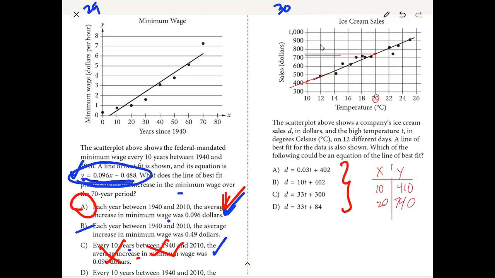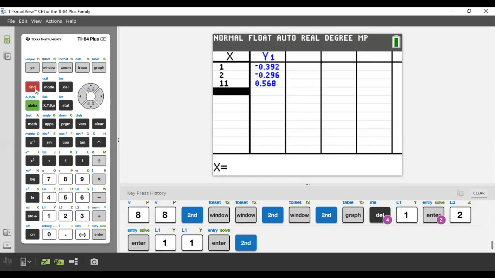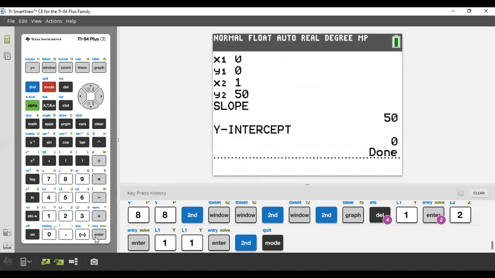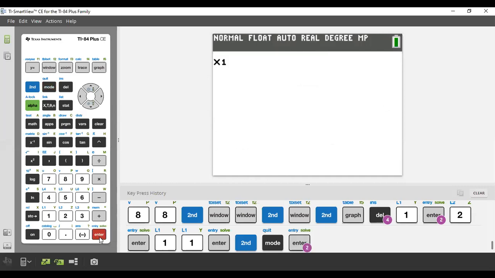So now I'm going to go to ALINEAR, and I'm going to press enter. I'm going to use 2 points. That's all you need to come up with a linear line. So I'm going to say 10 and 410.